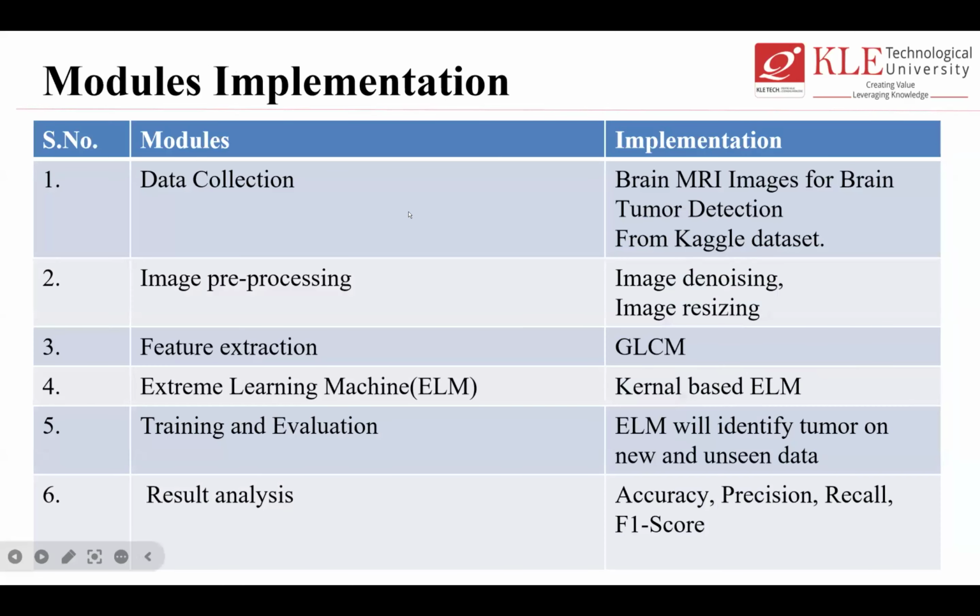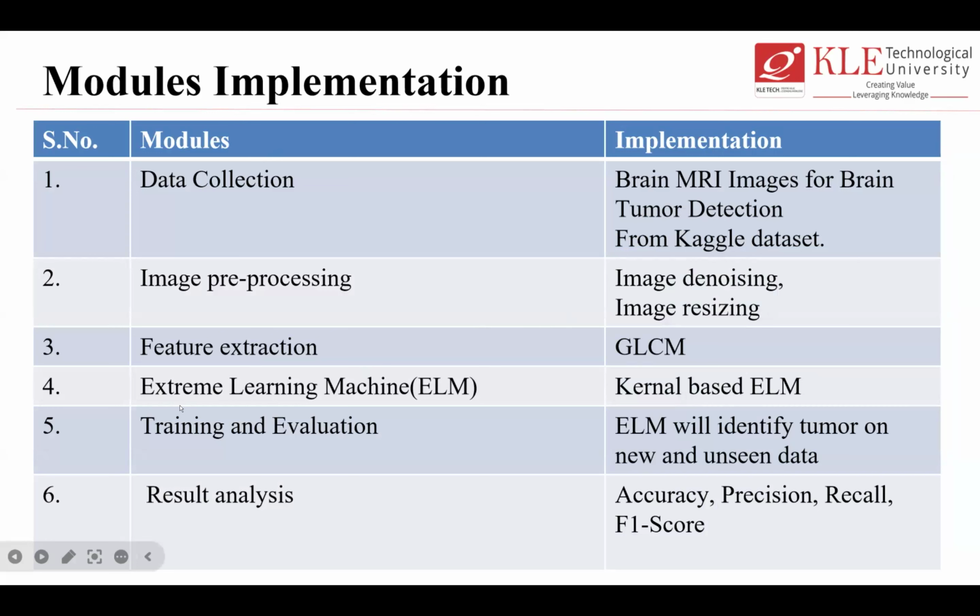The modules implemented during this project: first is data collection, where we collected brain MRI images from a Kaggle dataset. Second, we performed image pre-processing, as I said, resizing of images and image denoising. Third is feature extraction using gray level co-occurrence matrix.